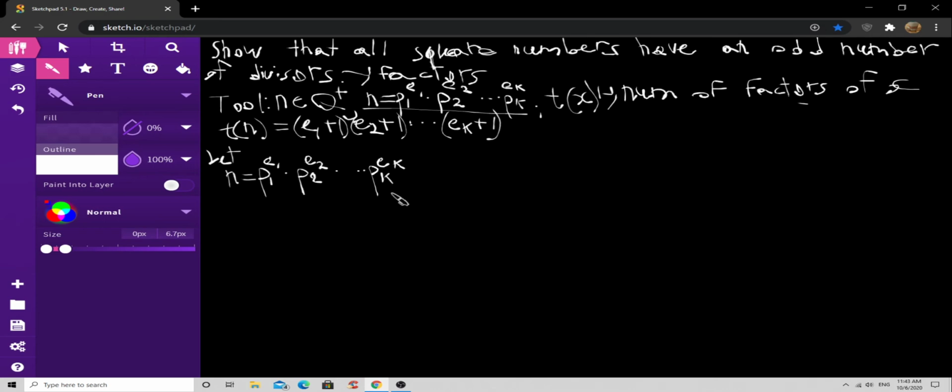Okay, and we want to show that, well, we know that if we square n, then we'll get a square number.